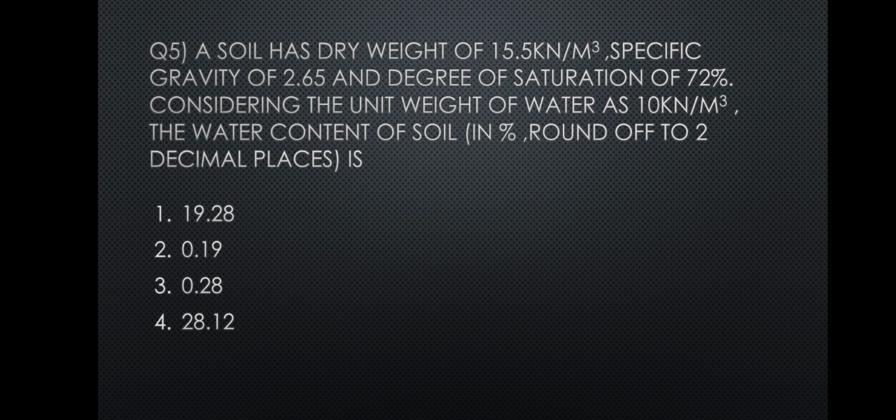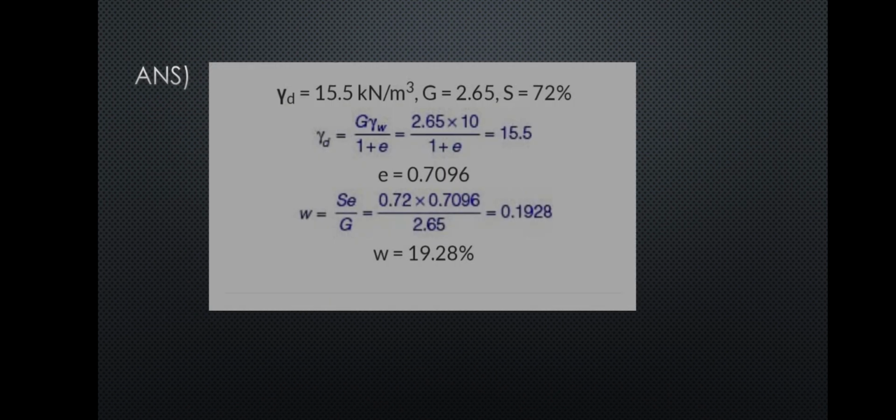So we should take the equation which contains all the given terms in the question. Here the equation we use is gamma_d = G gamma_w / (1+e), where we have the values for G, gamma_w and gamma_d, and we will calculate the void ratio e, that is 0.7096.